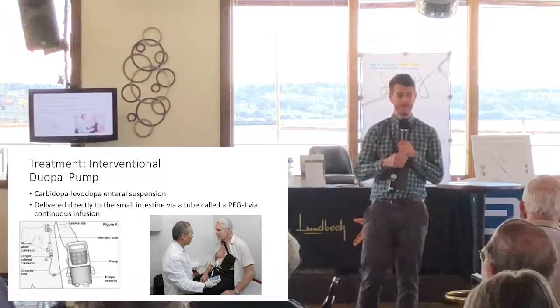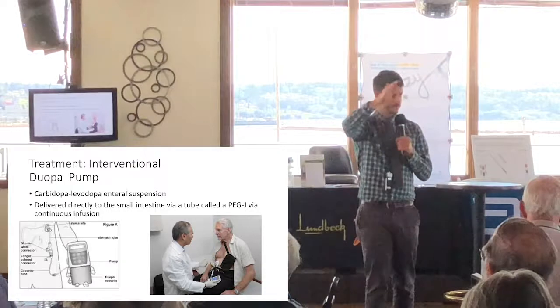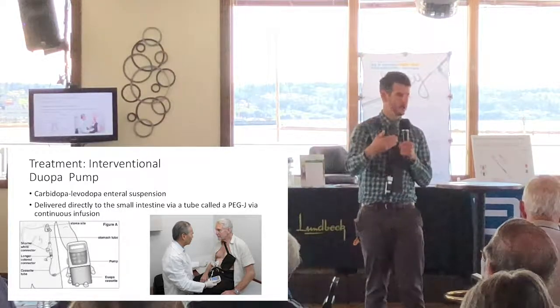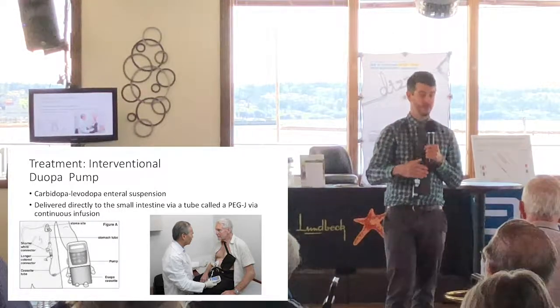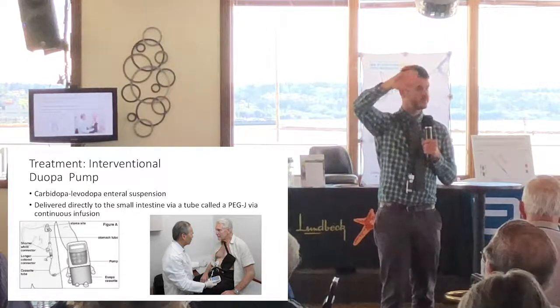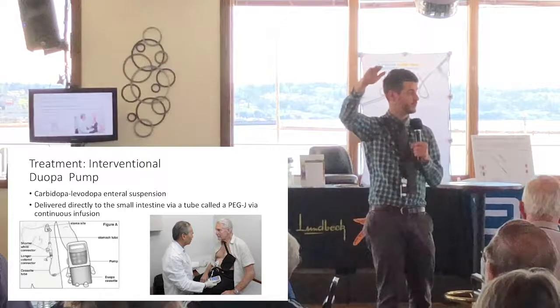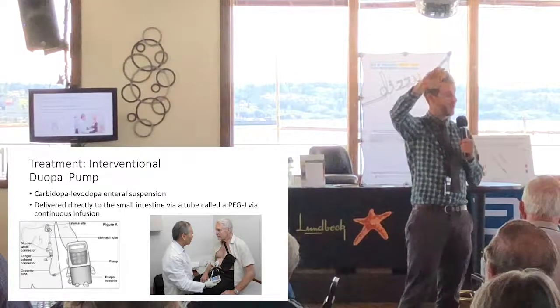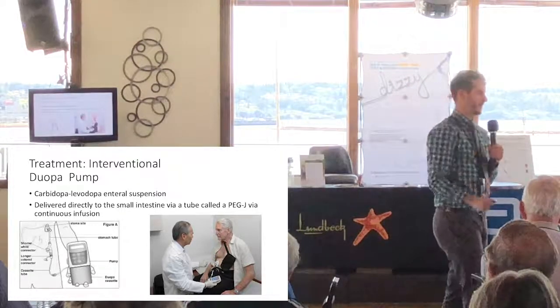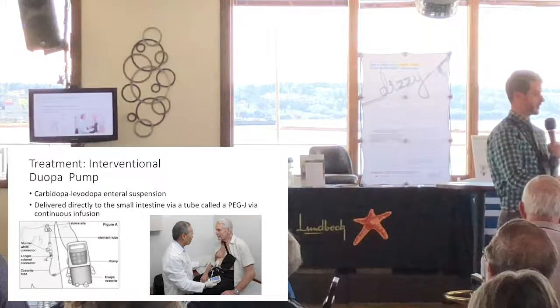So who would be a good candidate for this? If you're having big ups and downs throughout the day, you're having to take your medication very frequently, if you're having a lot of dyskinesia, we call it peak dose, kind of like you take your medications and then you start having a lot of extra movements when you reach the peak amount in your blood, or if you're having a lot of side effects from the medication.